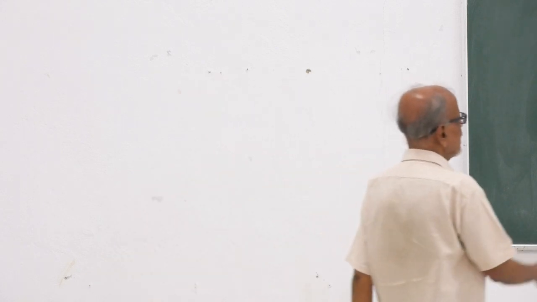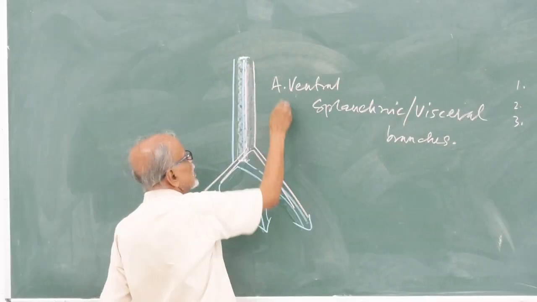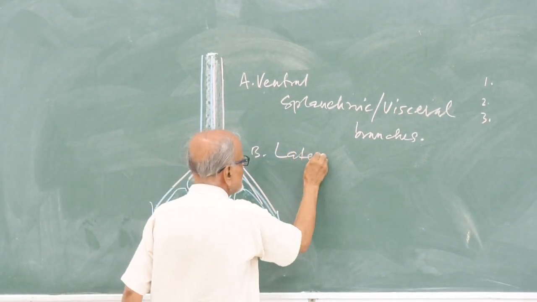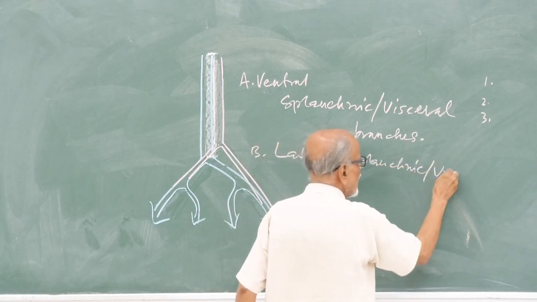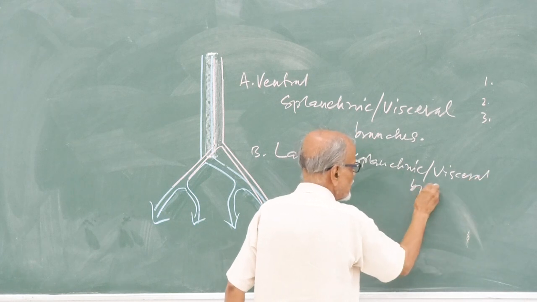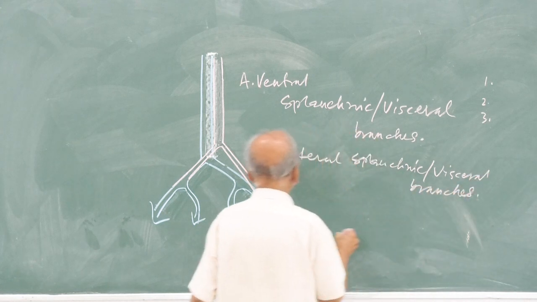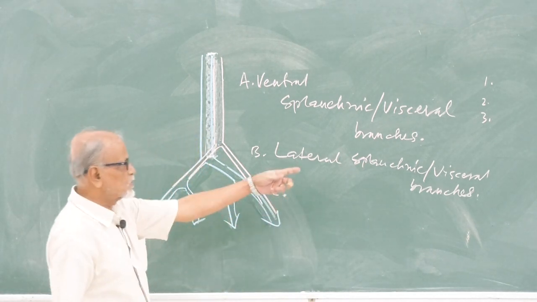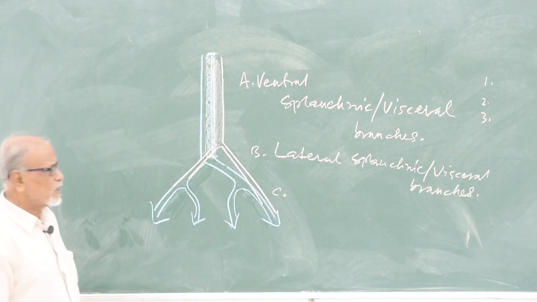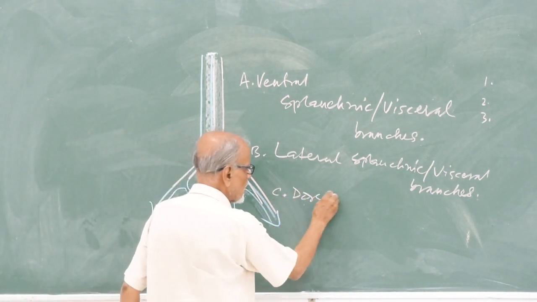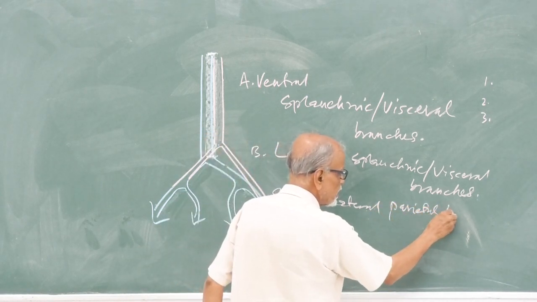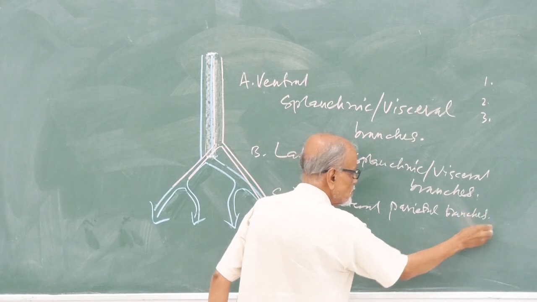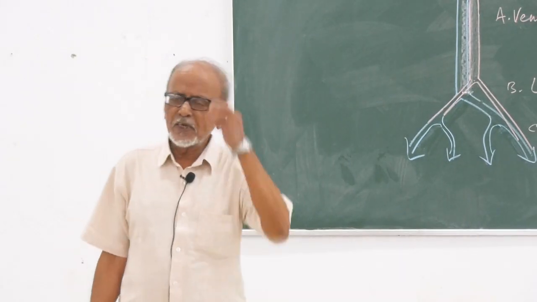Then there will be lateral splanchnic or visceral branches. এসব পরীক্ষায় আসে, ভাই ভাই জিজ্ঞেস করবে, অস্পিতে আসবে, থিওরিতে আসবে, সব আসবে। ল্যাটারাল, স্প্ল্যাঙ্কনিক অর ভিসেরাল ব্রাঞ্চেস। তারপরে ডর্সোল্যাটারাল প্যারাইটাল ব্রাঞ্চেস। ঠিক আছে?